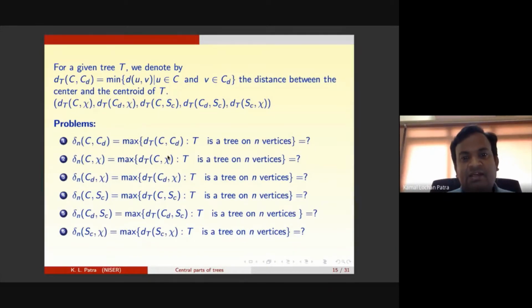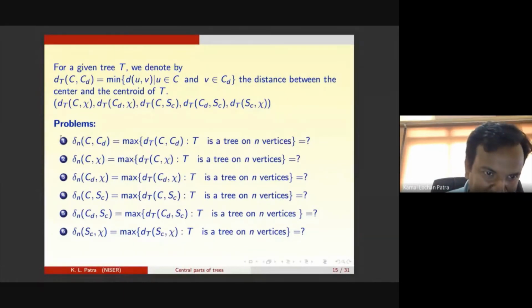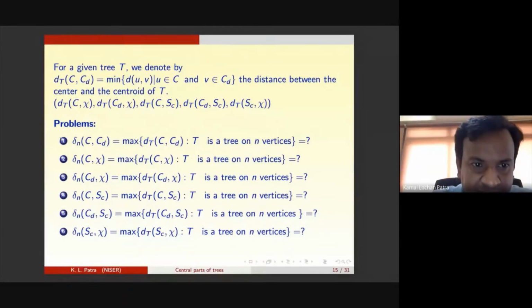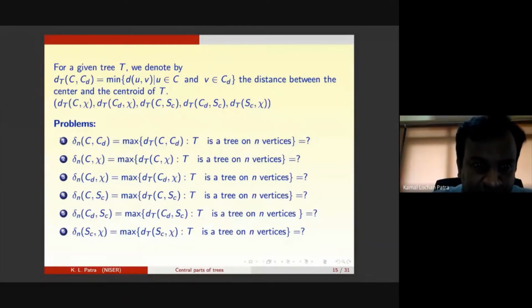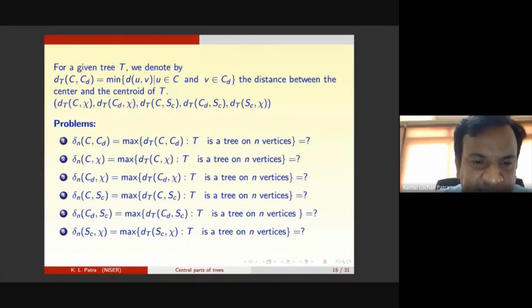For any n, there are 6 such questions: can we find the maximum distance between any two different central parts, among the 4 different central parts defined earlier? I started with center, centroid, and characteristic set.